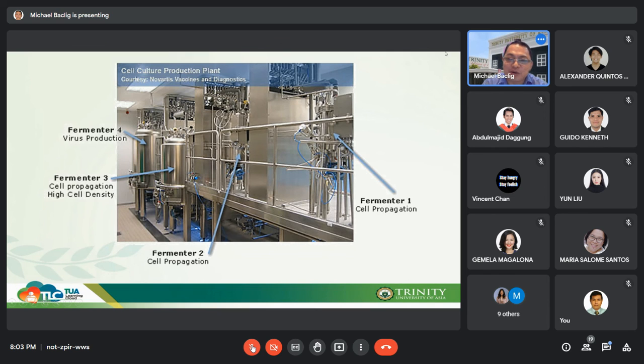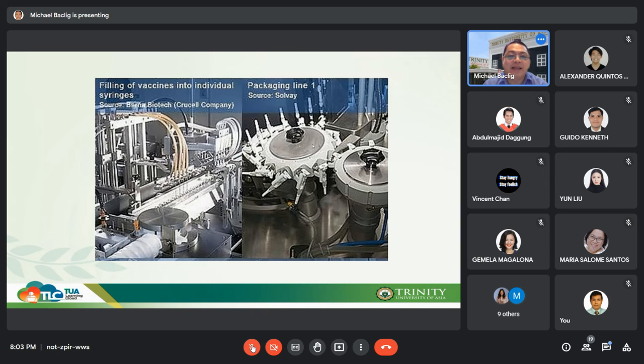So the temperature, the pH, the humidity, and so on are very controlled, and they do a lot of screening, even filtration, checking for the presence or absence of a virus, etc. And this is how they fill the vaccines into individual syringes.